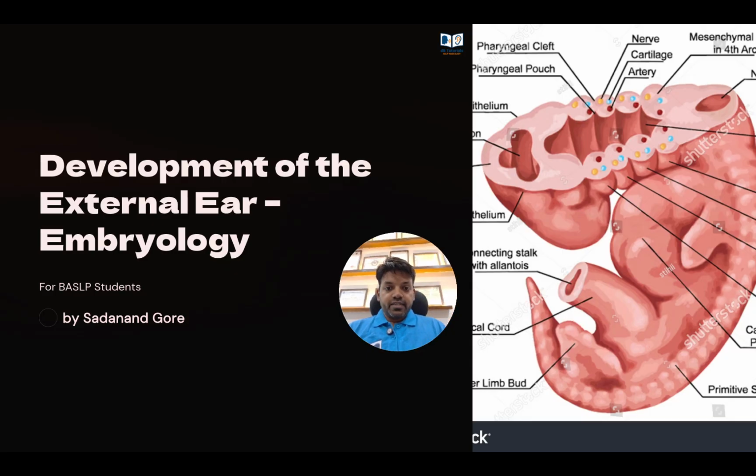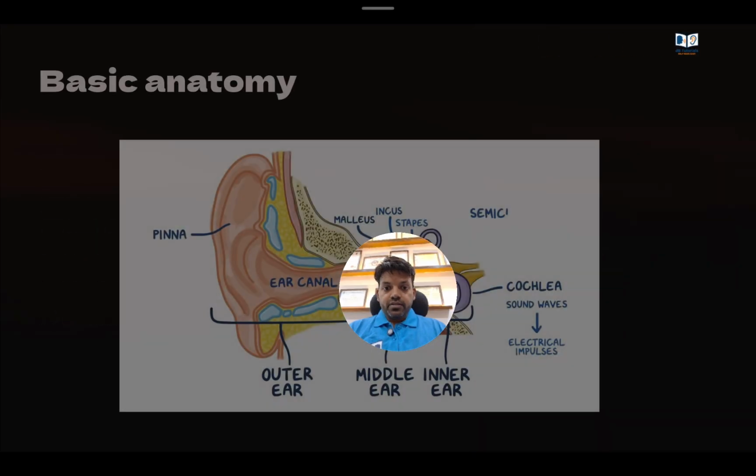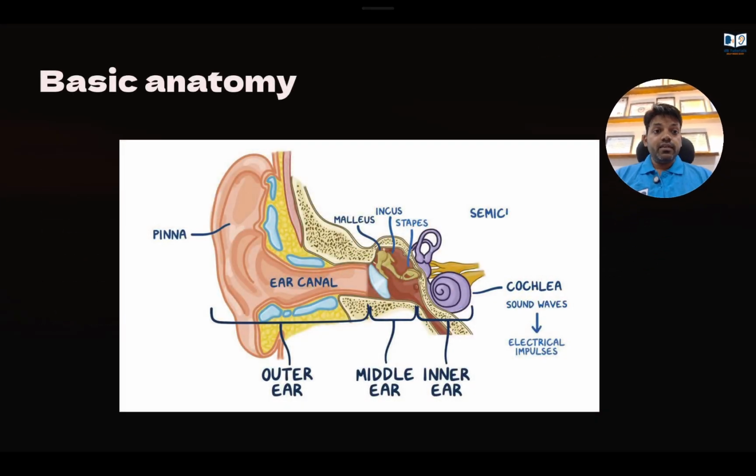Okay, so let's start. Before going into the depths of embryology, it's important to know the basic anatomy. Till now you may or may not have gone through the basic anatomy part of the ear, but here we are not going into detail. We are learning this because we need to know exactly what we are going to learn. As you see, there are three parts of the ear.